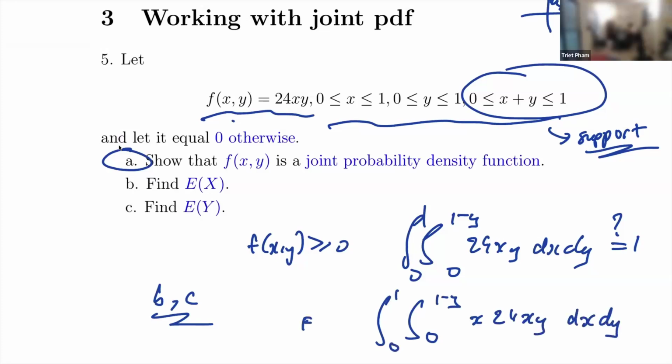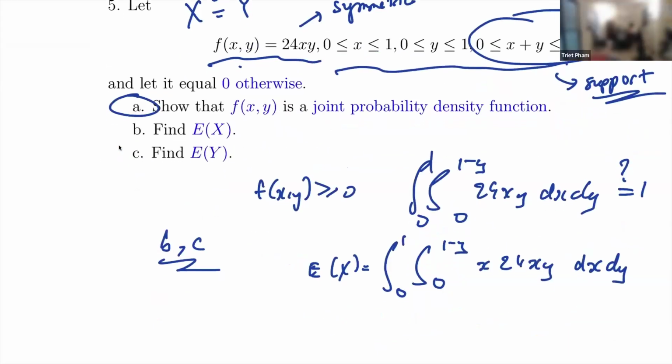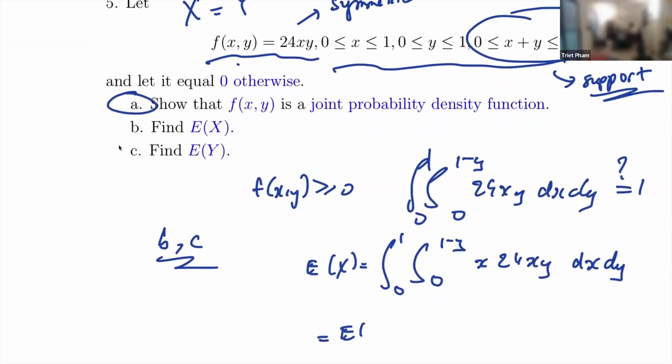This will be expectation of x. Even though they're not independent, it is legit to say that they're symmetric, meaning the distribution of x and the distribution of y are equal. So x and y, the term is exchangeable. X and y are exchangeable, or you can just say symmetry if you like, but the answer here is also expectation of y, by symmetry. This expression calculates expectation of x, whatever that is. Any question?